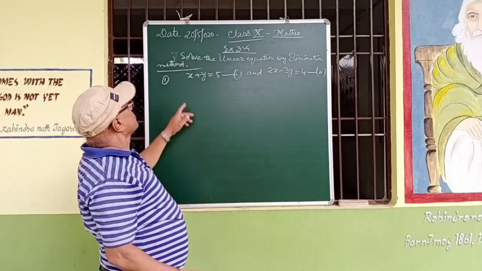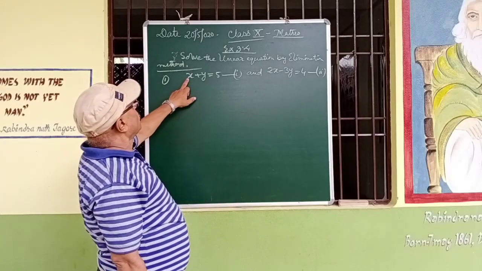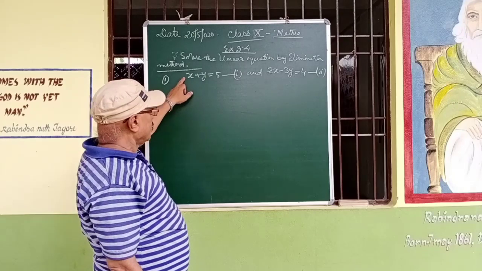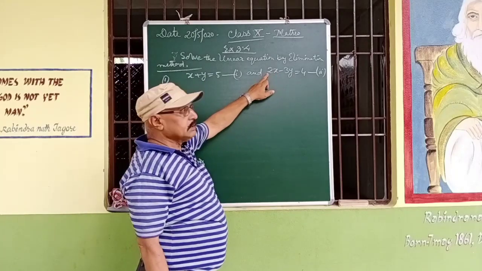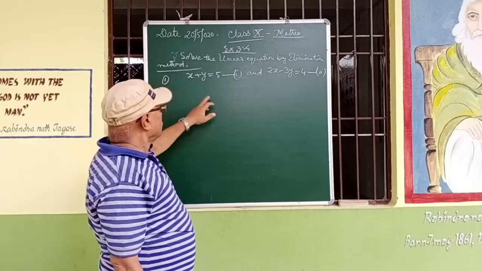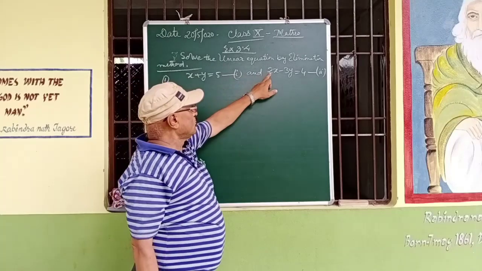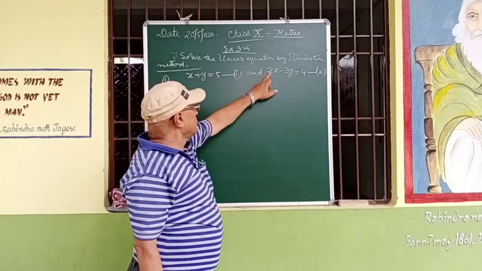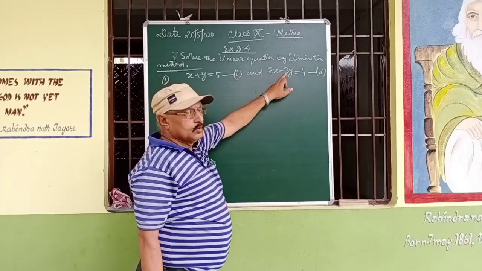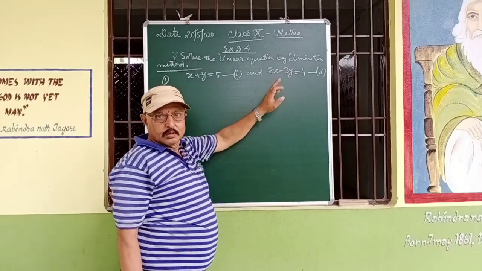Look at the board. So here the coefficient of x is 1 and here the coefficient of x is 2. So we make this coefficient equal. Either we make these two equal or these two equal. Okay.